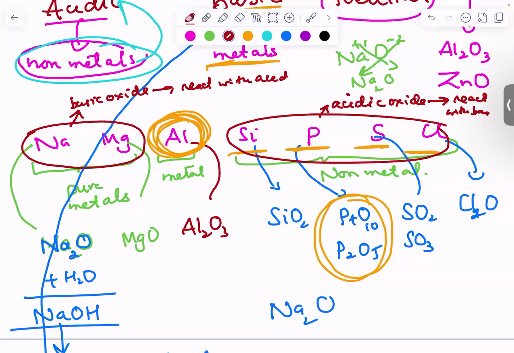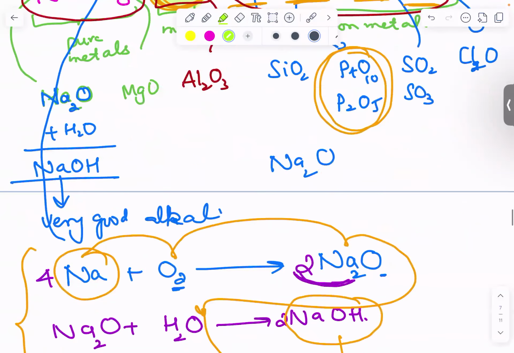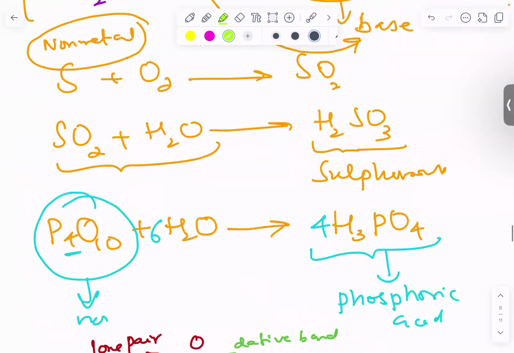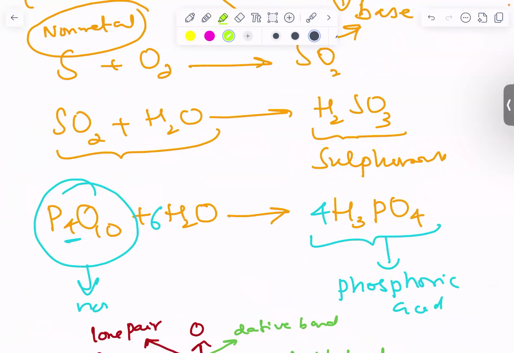Yes, and aluminium. Let me highlight it properly. This is very important. Aluminium oxide is an amphoteric oxide. Why? Now, I don't know whether in your syllabus the justification is there for why aluminium oxide is an amphoteric oxide. Have they given? No, they haven't given.